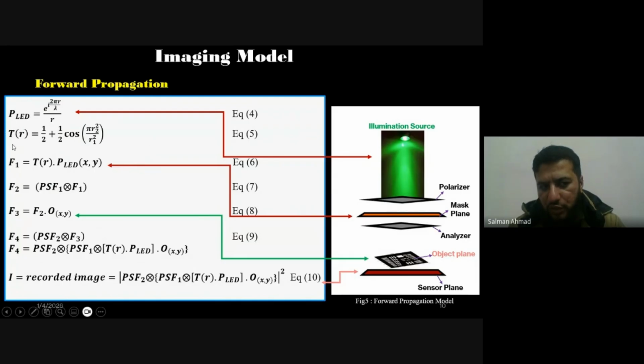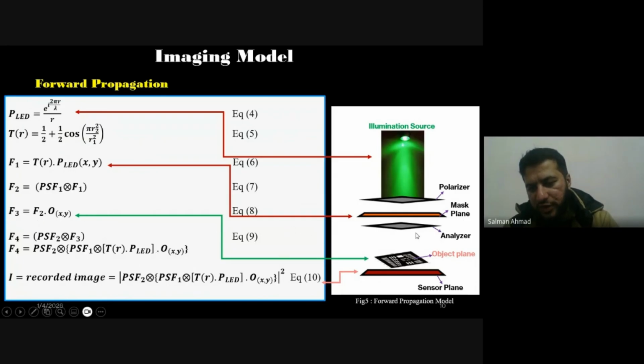We have the Fresnel zone plate, so we use its transmission function and combine it with the LED light, the incoherent light, and then convolve that with the point spread function. When both of these convolve, it gives us another light, the structured light.